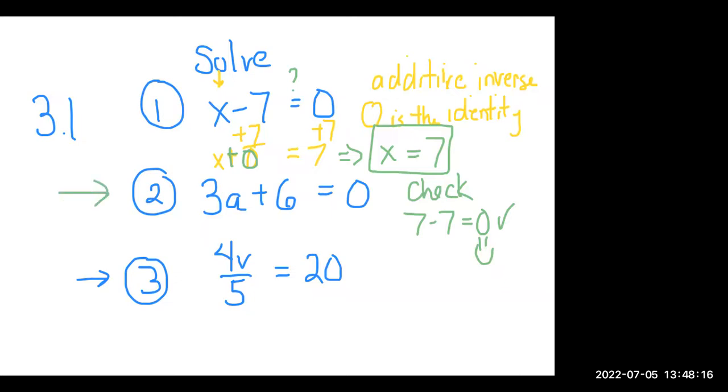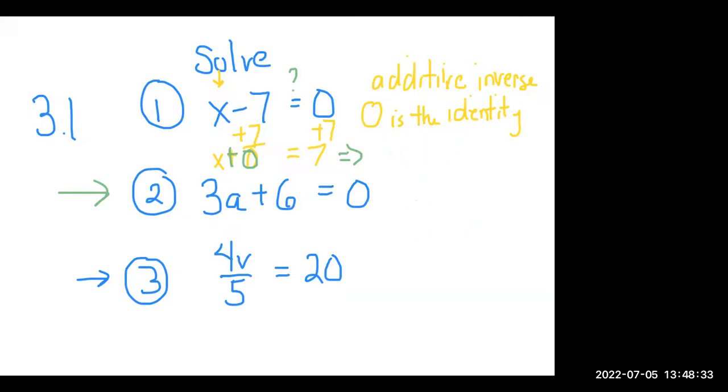Number 2 is a 2-step problem. So we're going to have to get A alone and do 2 things first. So it's not just going to be a single step like number 1 was. I'm pausing in case anyone wants to send it.